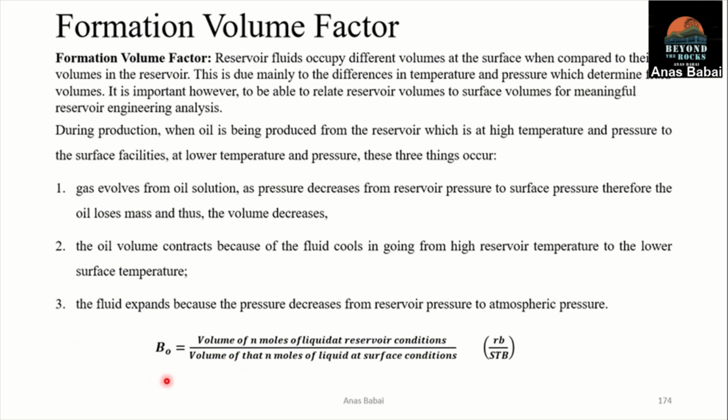And in a simple definition, the formation volume factor is the volume of n moles of liquid at reservoir condition to the volume of the n moles of the liquid at the surface condition. So it's the ratio between the volume of n moles of a specific liquid at reservoir condition to the same amount of this liquid at the surface condition.